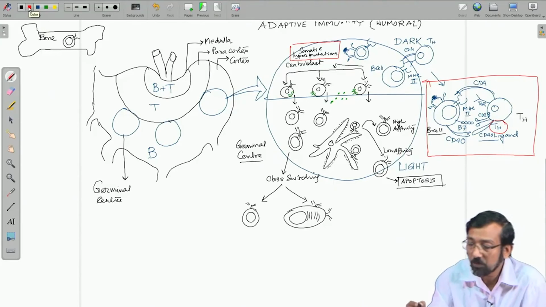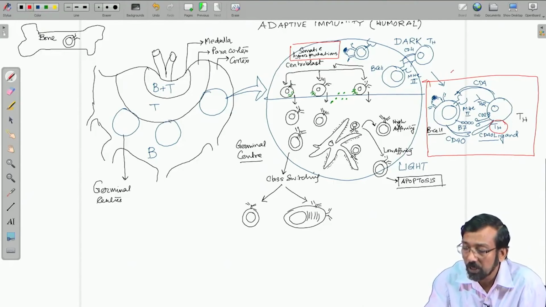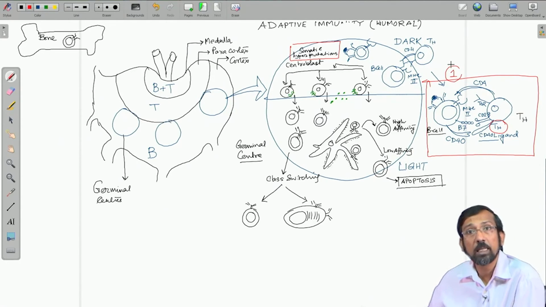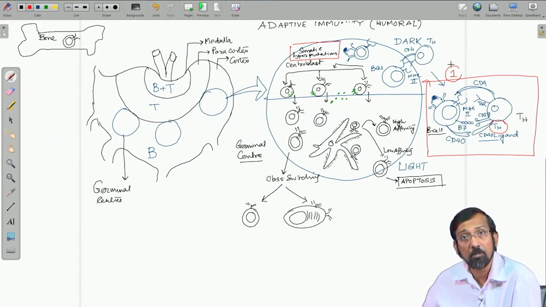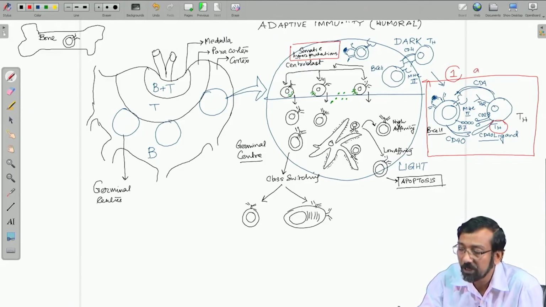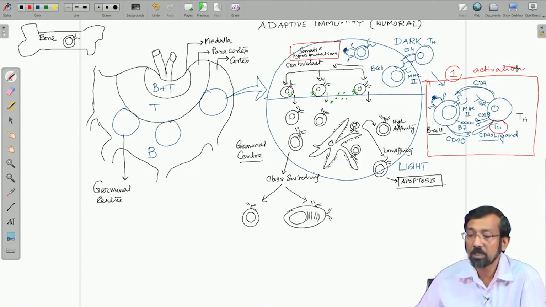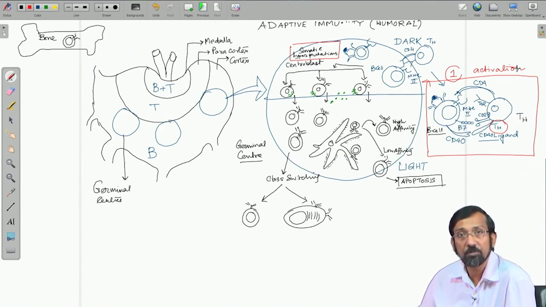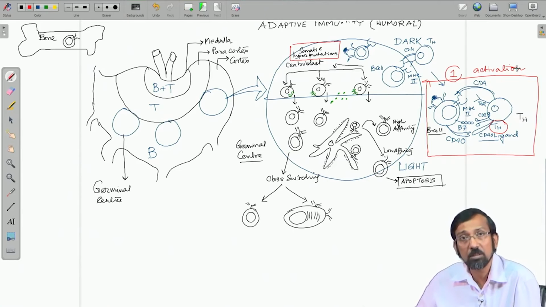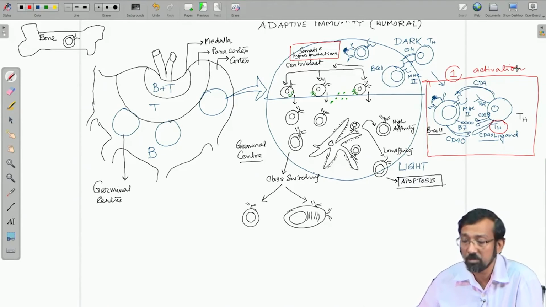Okay. So, let us start from this region. Here the first thing is the interaction of the B cells or the B lymphocytes with the T helper cells, leading to activation. So, we call this the activation of the B cells. Now, there are at least 4 different classes of interactions, including the co-stimulatory interactions.